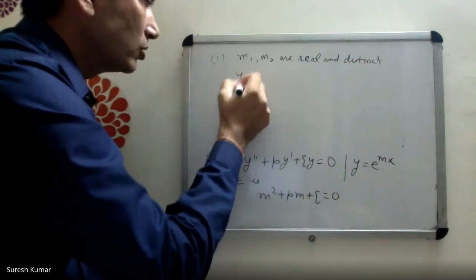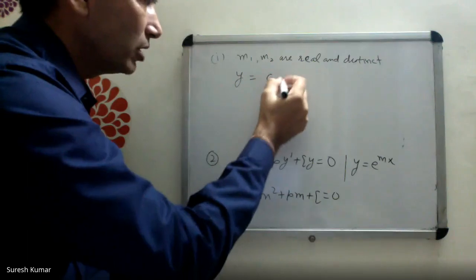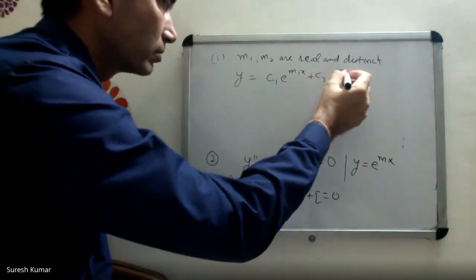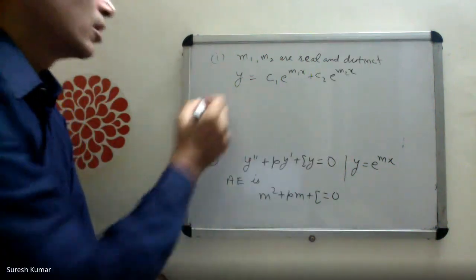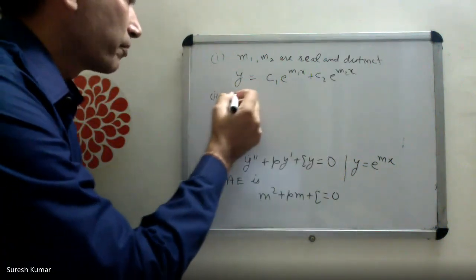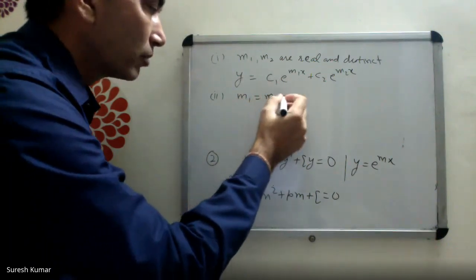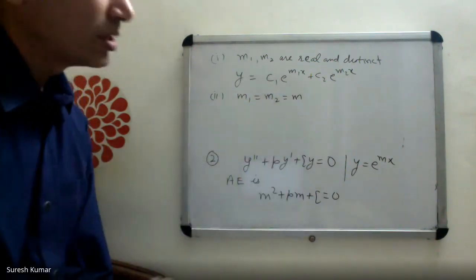Then the general solution is c1 e^(m1 x) + c2 e^(m2 x). Second case, m1, m2 are real and equal, say equal to m.